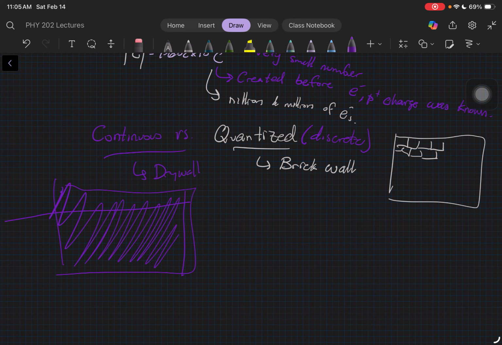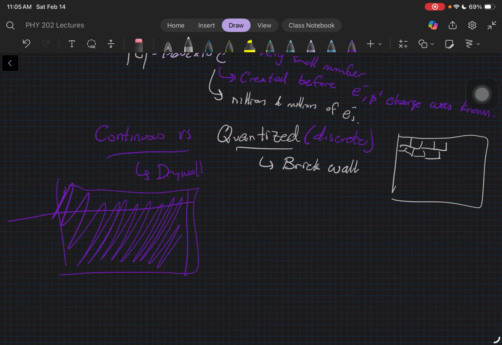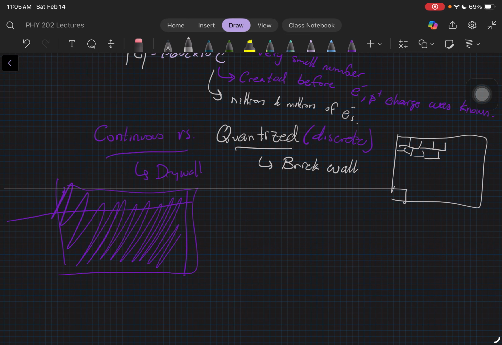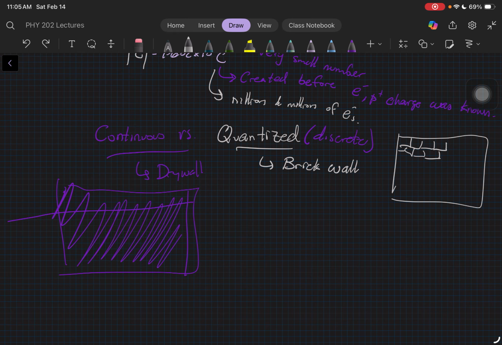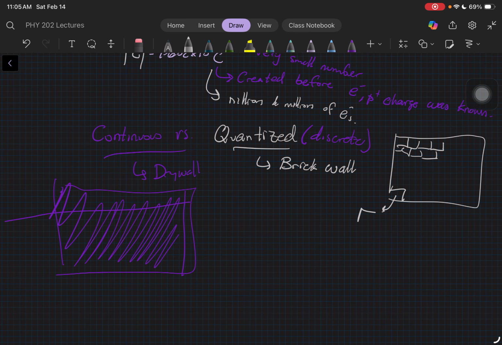If you want, you can cut the top off, and you're fine. For a brick wall, if you want to start tearing that apart, you have to yank out an entire brick, right? And so that's what we mean by discrete or quantized.